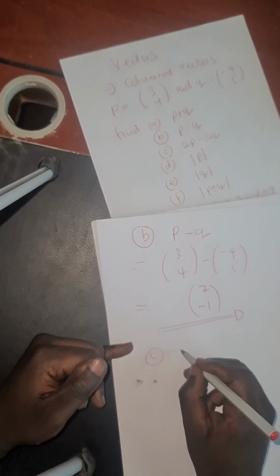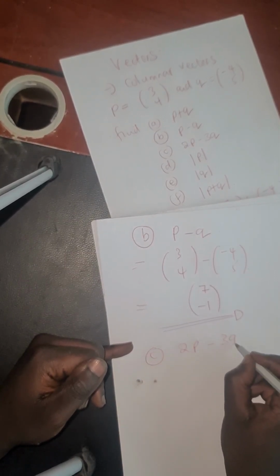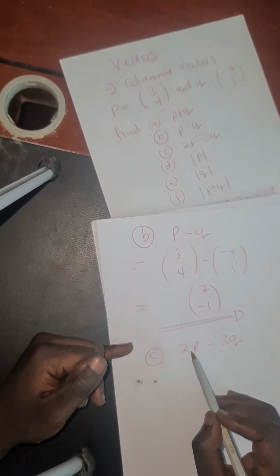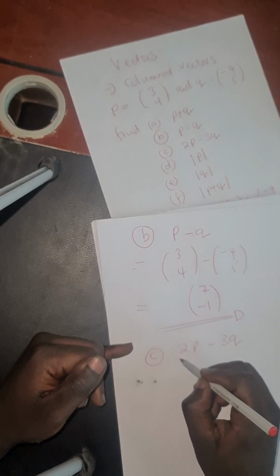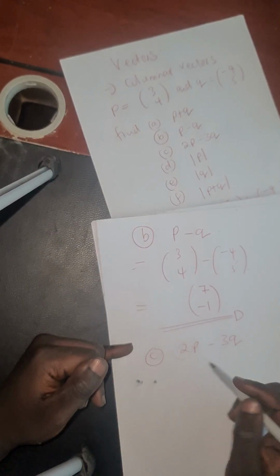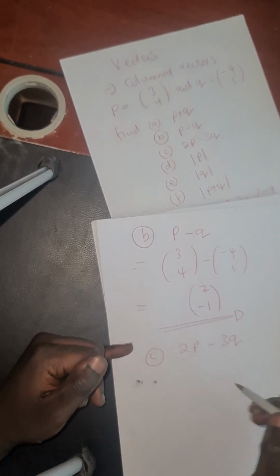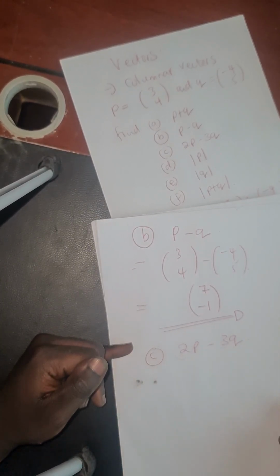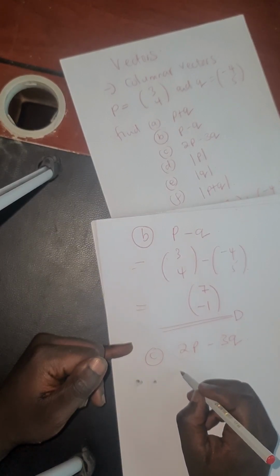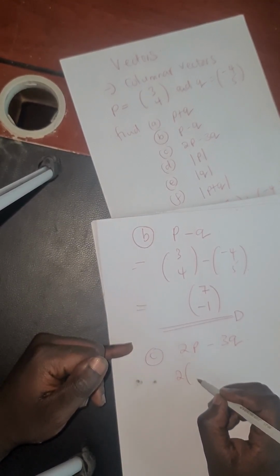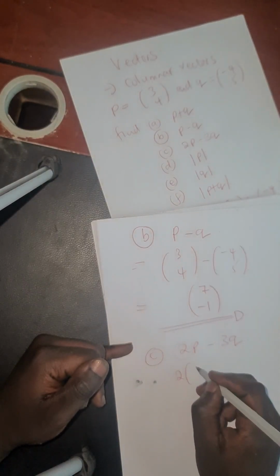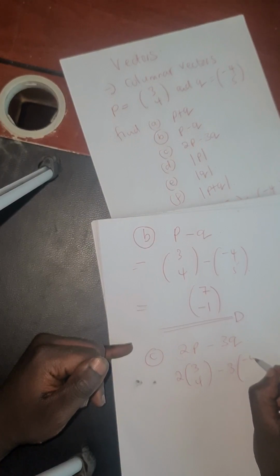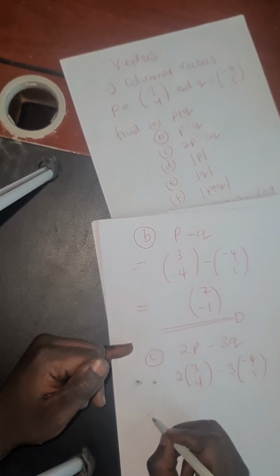And then C is saying 2P minus 3Q. This one we call scalar vectors because we have these numbers here acting as scalars. These numbers are going to multiply our vectors first before we either add or subtract. So 2 times P, which is (3, 4), minus 3 times Q, which is (-4, 5).